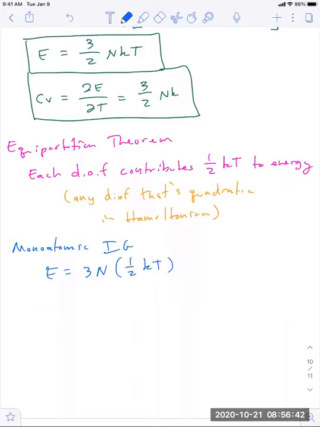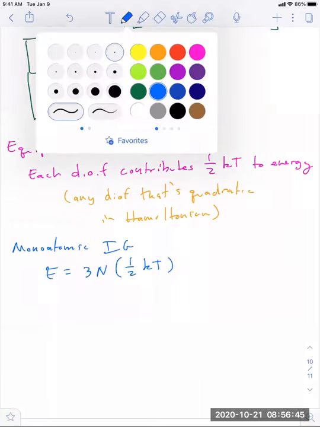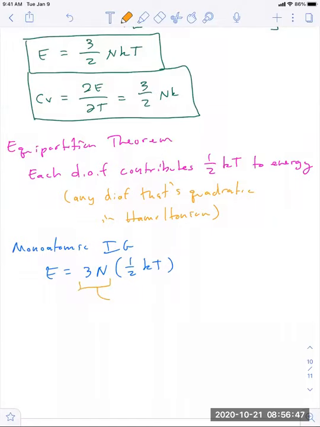So that means that we have 3n degrees of freedom. And the reason we have 3n is because we have n particles, each of which can undergo translations. And each of those translations can occur in the x direction, y direction, or the z direction. And so that's where the 3 comes from. So we have 3-dimensional translations, and so 3n degrees of freedom in the system.